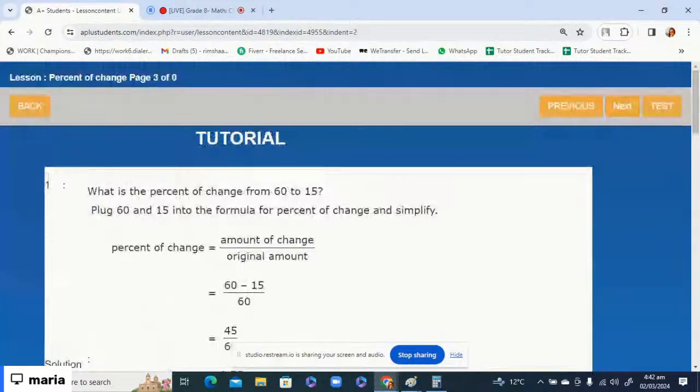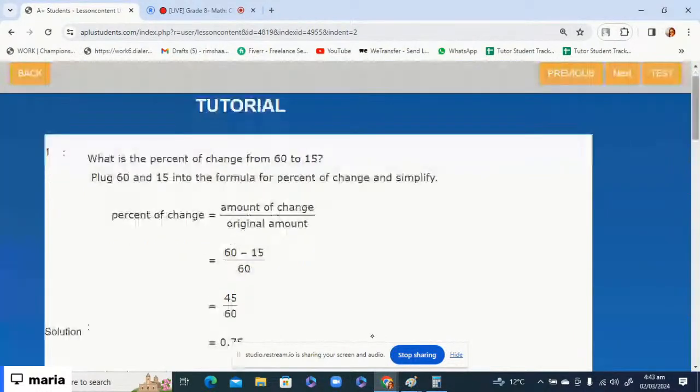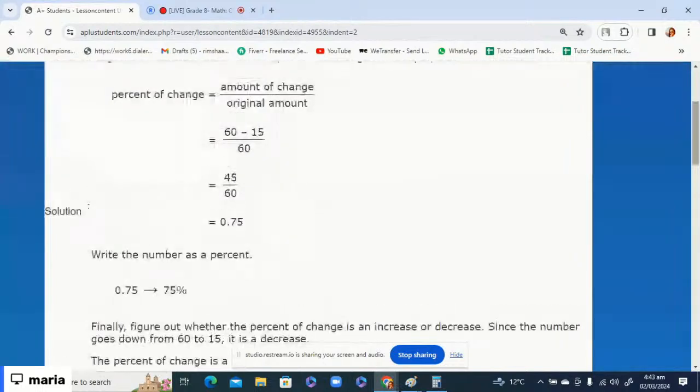Now, what is the percent of change from 60 to 15? How can we check it from 60 to 15? Simply subtract 60 minus 15 and then divide it over the original amount, that is 60. After subtracting and dividing over 60, we get the answer 0.75.